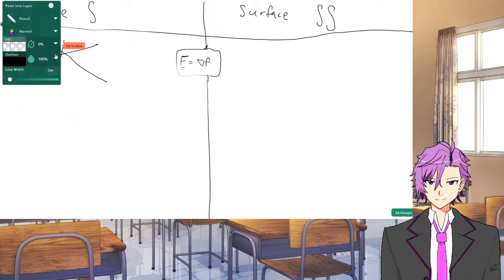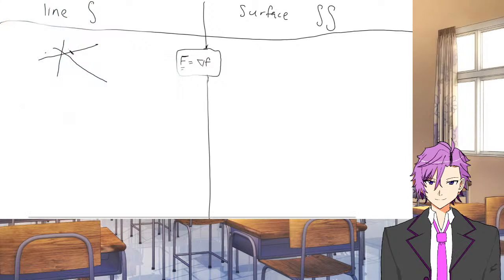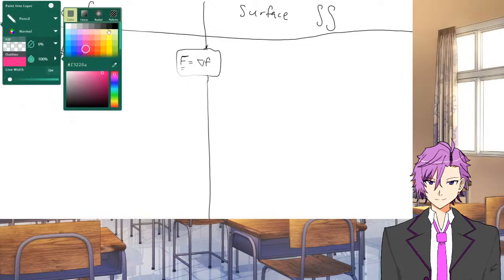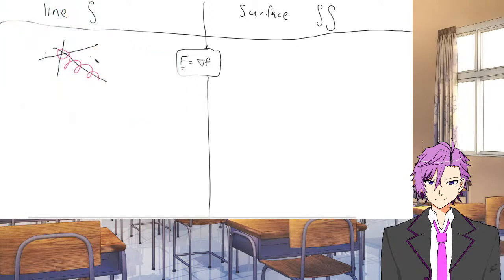We'll change the color to maybe some sort of pink. If you use the right hand rule, this is x, this is y, and this is z.